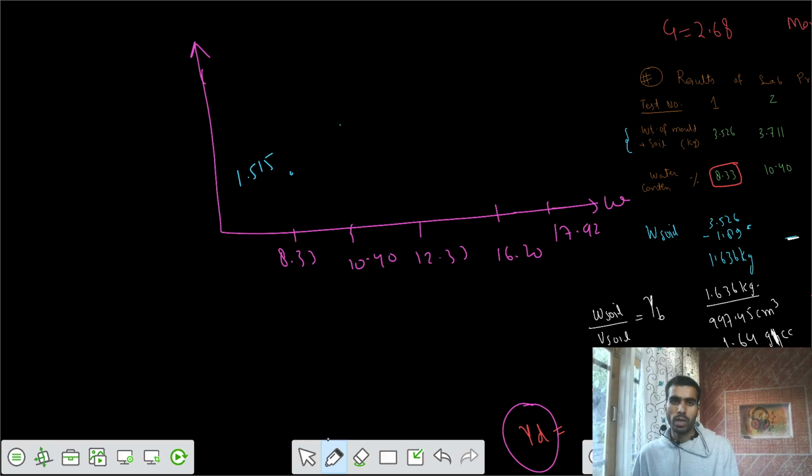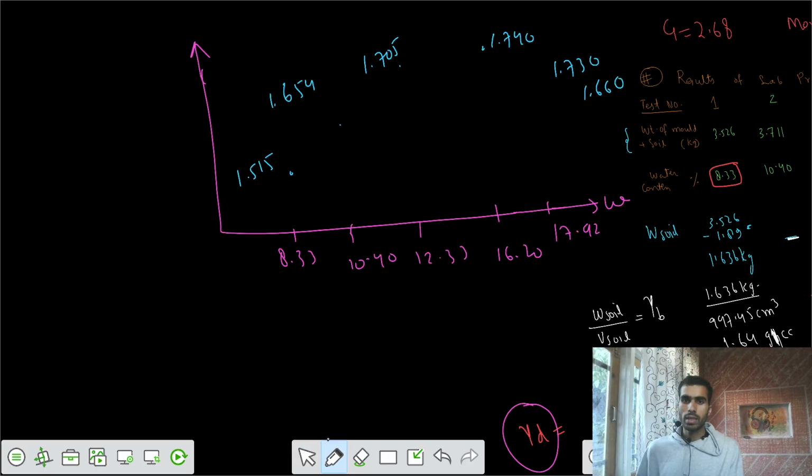After that we have 1.654, then 1.705, and one more, 1.740. After that we are getting 1.730, and one more, 1.660.